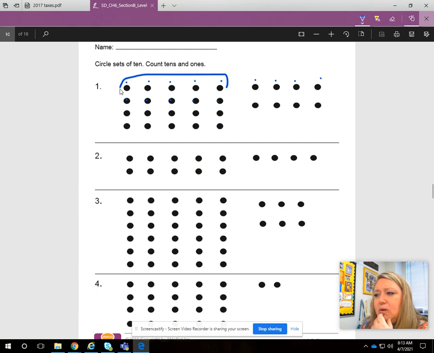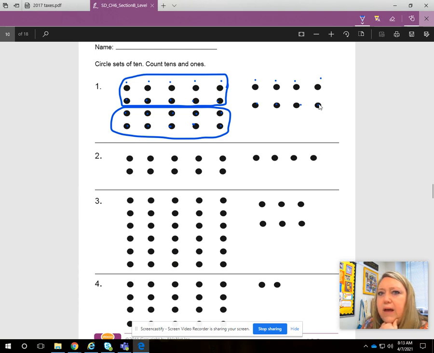So here's a group of 10 right here. One set of 10. 1, 2, 3, 4, 5, 6, 7, 8, 9, 10. So I'm going to circle this set of 10. Let's go over here and see if we have another set of 10. 1, 2, 3, 4, 5, 6, 7, 8.